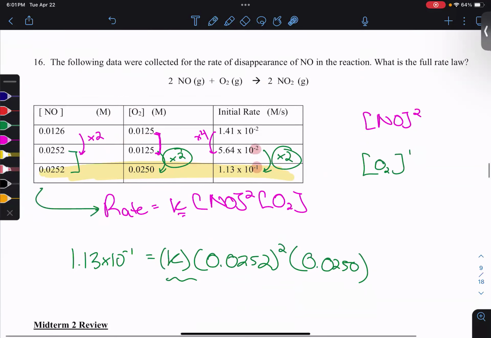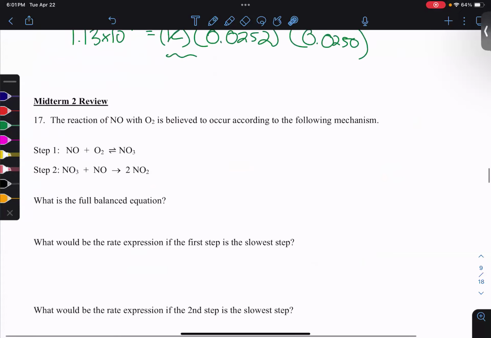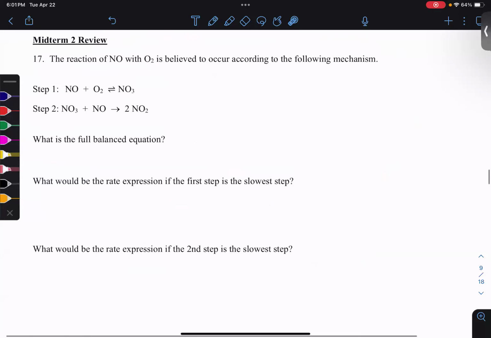What we can't do is just take a chemical reaction and say, oh, that's our rate law, because we don't actually know how these atoms or molecules are interacting with one another. It just so happens that this reaction's stoichiometry does match the rate law, but it doesn't always have to be that way. So a mechanism is us saying, hey, here are the simplest steps to this reaction.